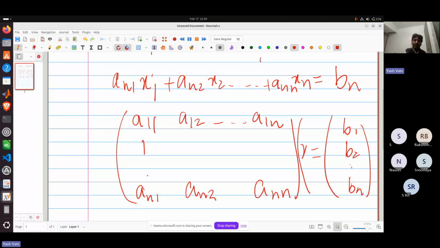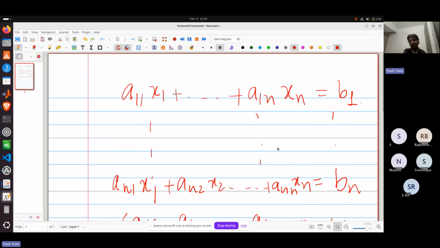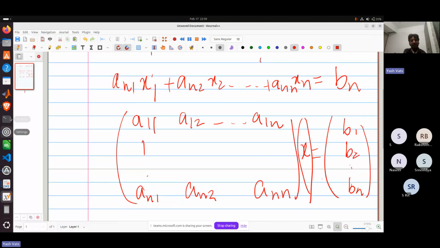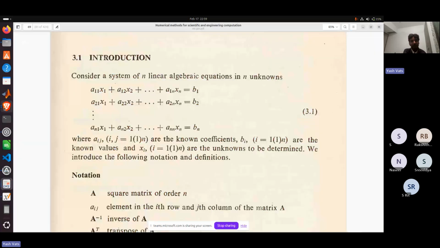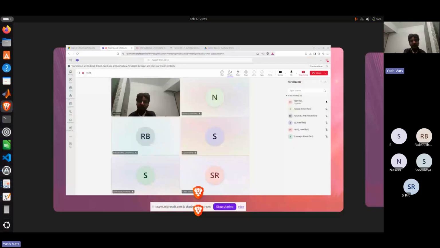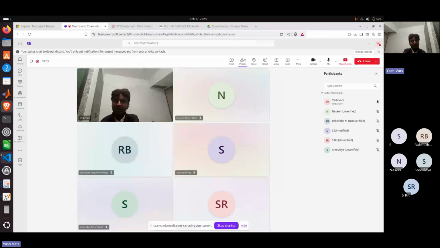Here is the vector x, which you can always write in tuple form. Is this clear, everyone? This is easy stuff. I hope it's clear.